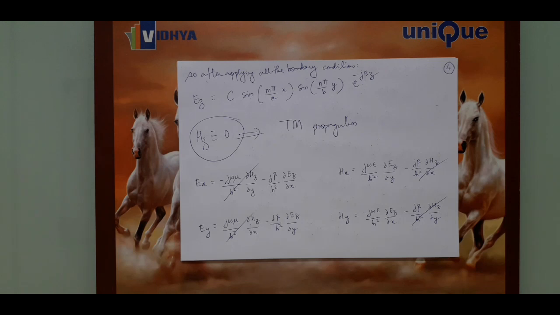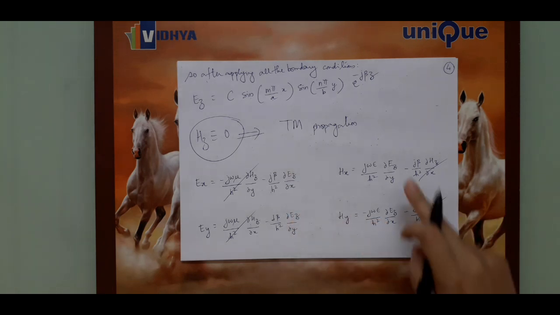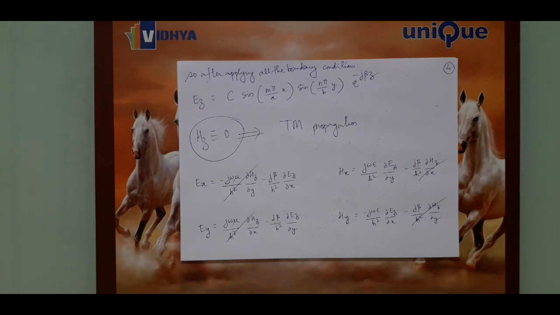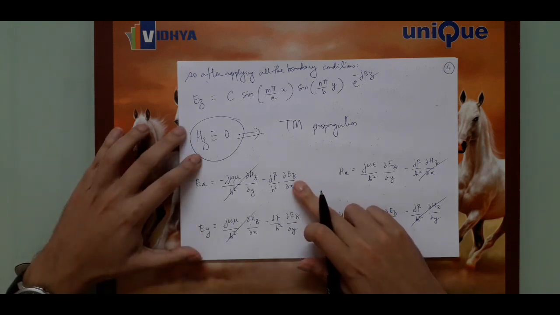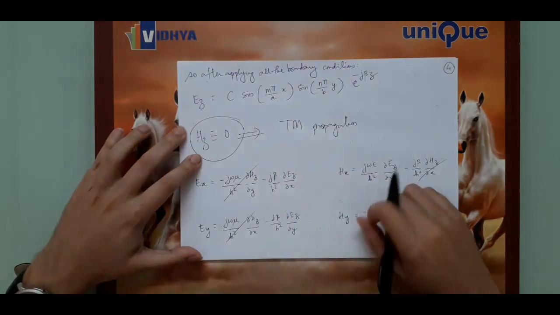By substituting the fields in the remaining parts of these 4 equations, we essentially have to differentiate Ez with respect to x and y.